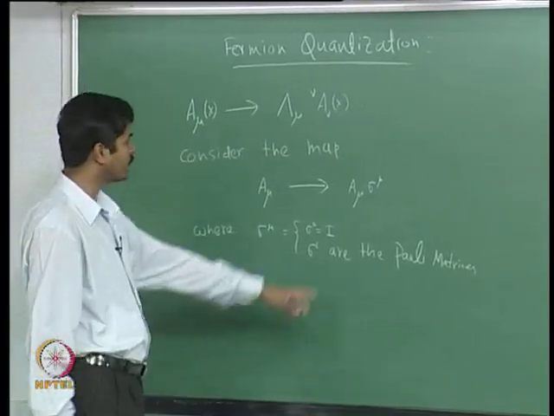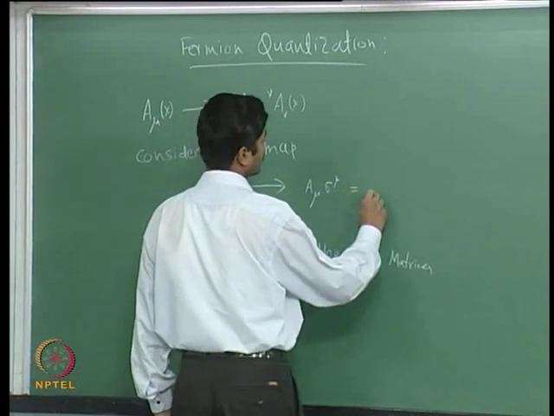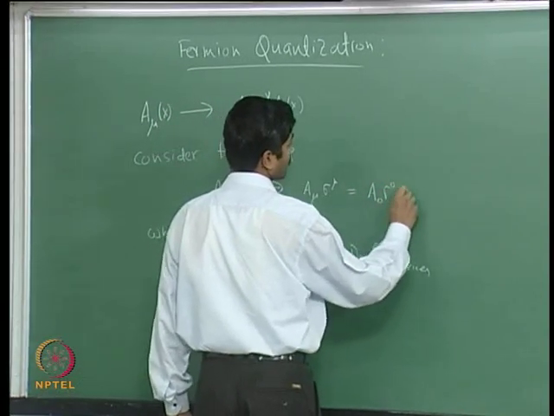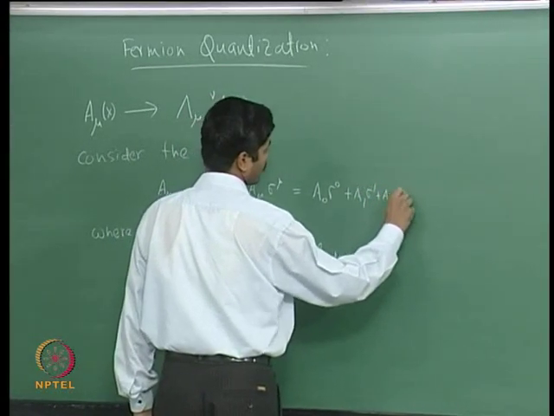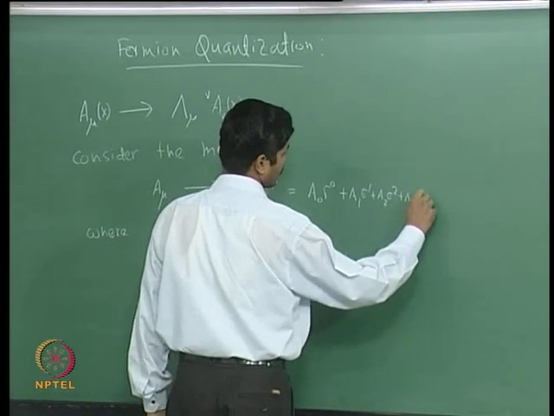So, what you have here is a 0 sigma 0 plus a 1 sigma 1 plus a 2 sigma 2 plus a 3 sigma 3.